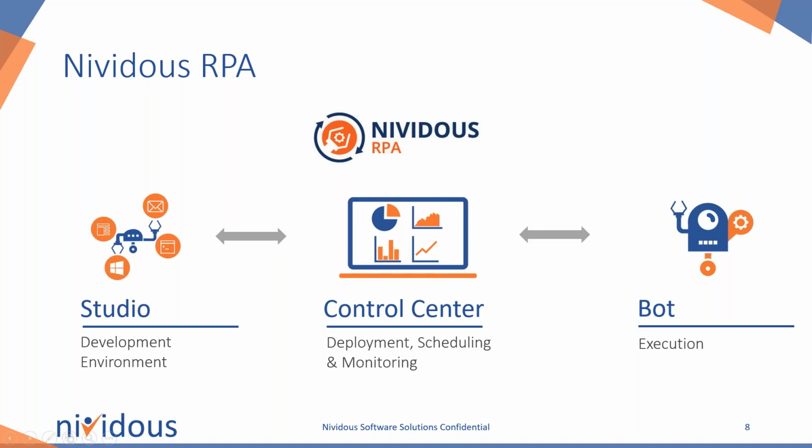So within Nividus RPA, which is our RPA product, there's three main components to it. The first one is the studio. And as we were just talking about development, the studio is where the development happens. So as I said before, you don't have to be a developer.